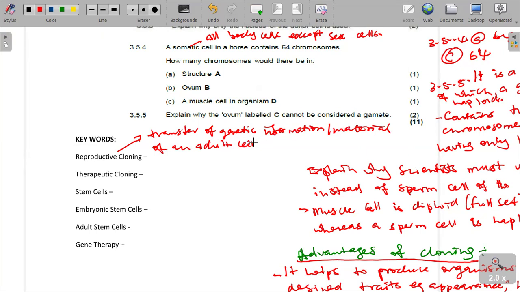As we have discussed above, you can see that the champion horse muscle cell was taken, and then it was put into an egg cell whose nucleus was removed. So, an adult cell to an egg cell whose nucleus is removed.